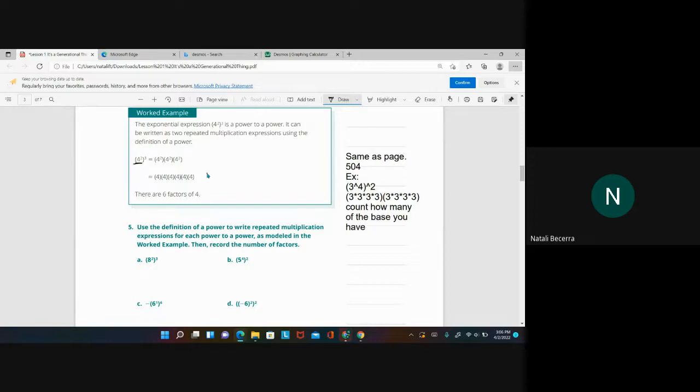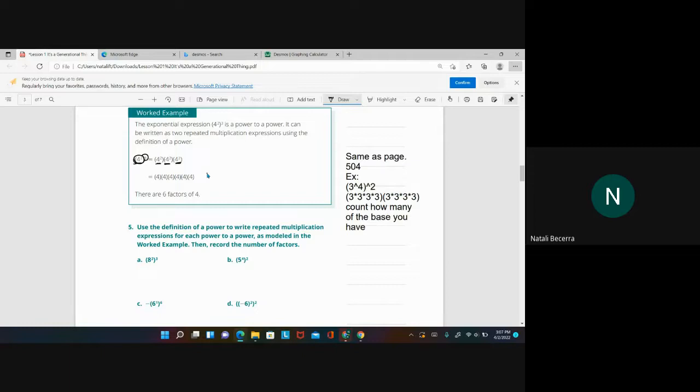So for example, here, anything that's inside of the parentheses means that, depending on the exponent you have on the outside, we have a 3. That means that everything inside of the parentheses is going to be on there 3 times. So I have 4 to the power of 2, 1, 2, 3 times.